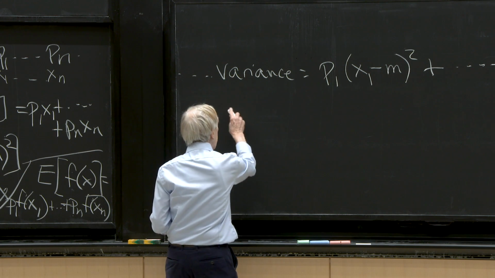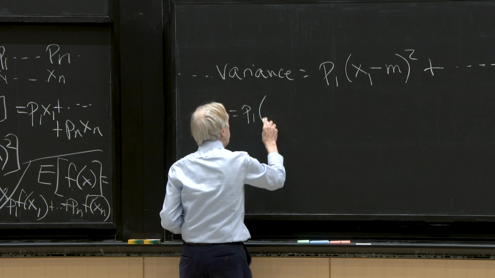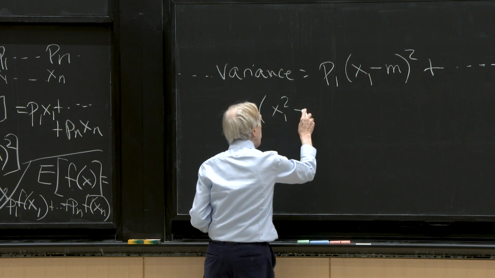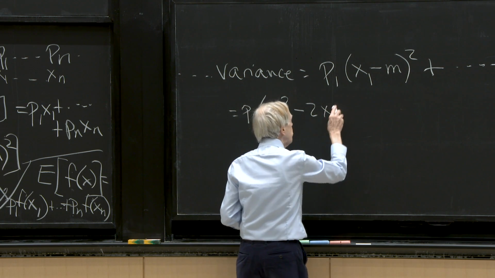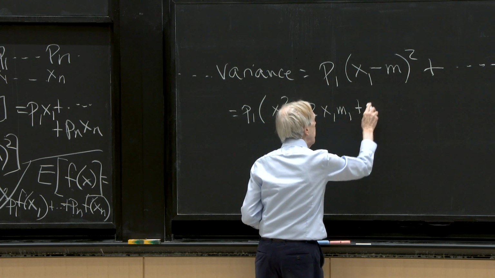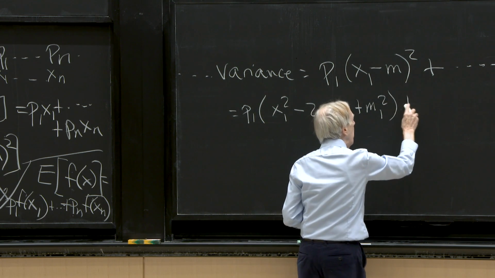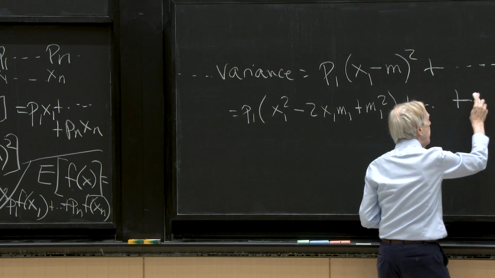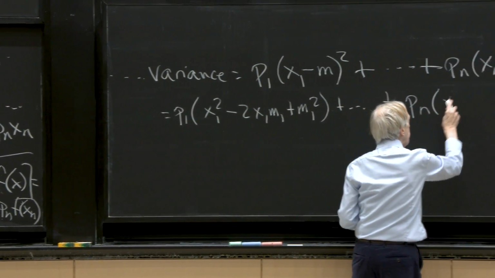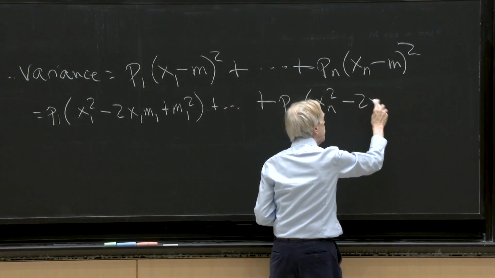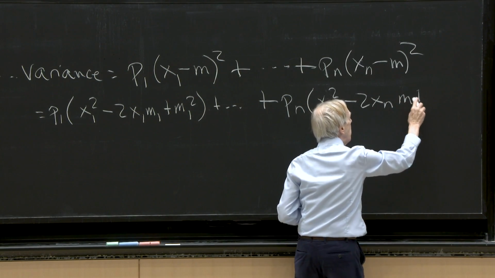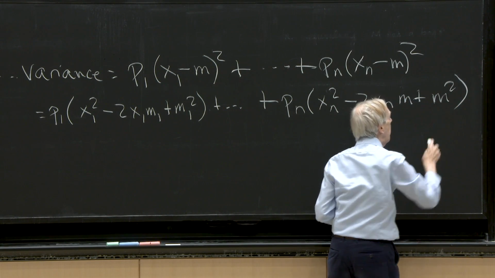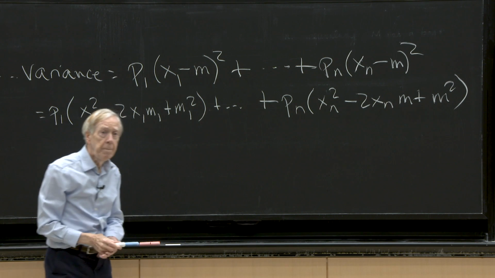So can I just do that? So that's p1 times x1 squared minus 2 x1 m plus m squared, right? And then same thing here, pn times xn squared minus 2 xn m plus m squared. Good with that?